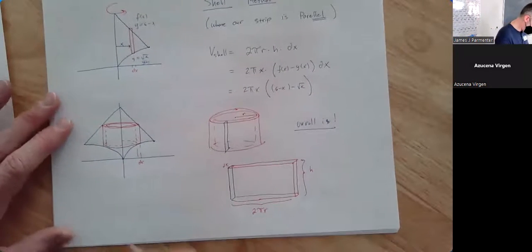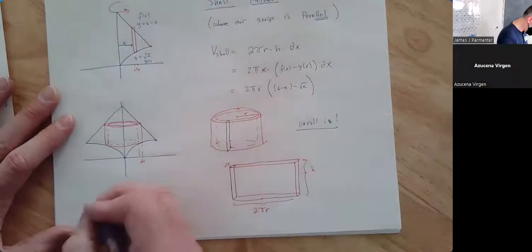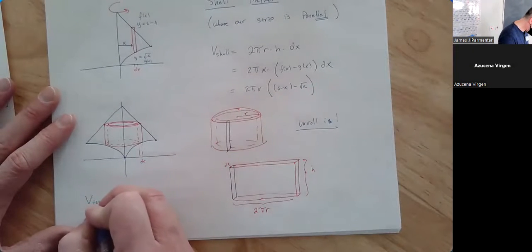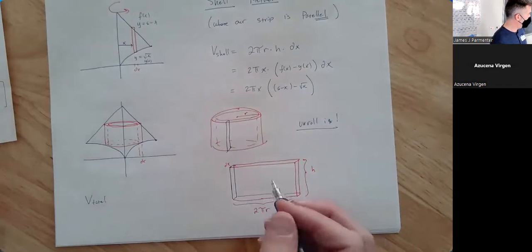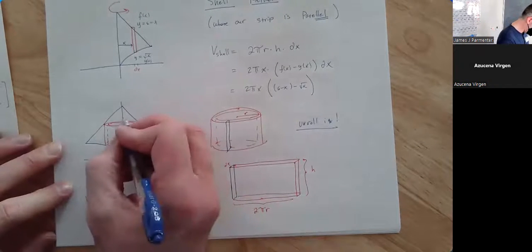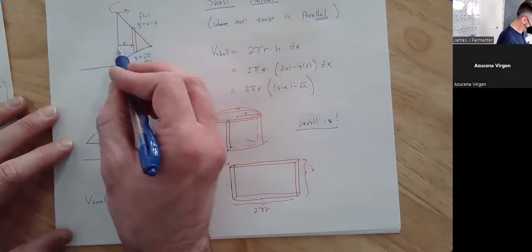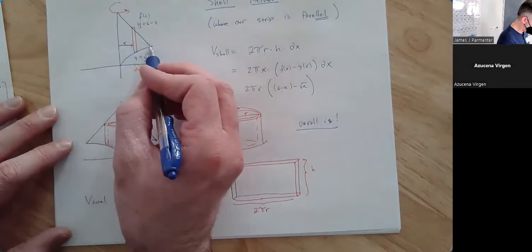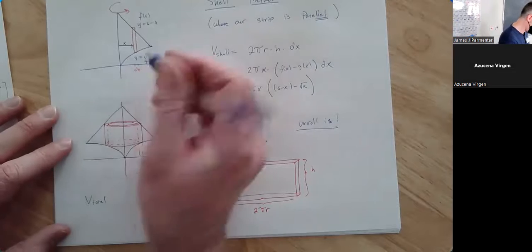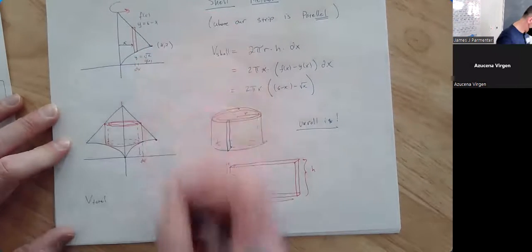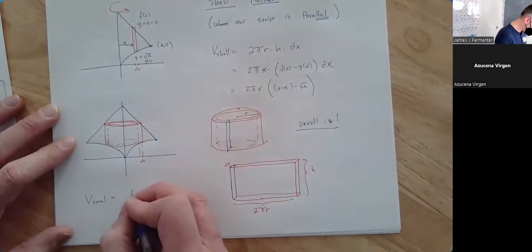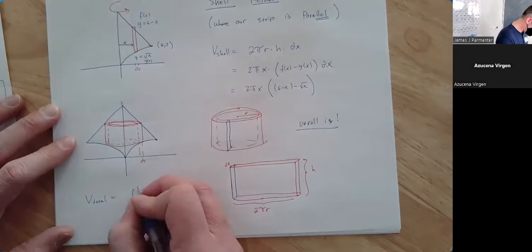And so the total volume is just going to be, we're going to add up all the shells. So we have some really skinny shells and some fatter shells. Our radius, our x, is going to go from 0 all the way out to whatever the x value is here, which was 4. So our total volume is going to be the integral from 0 to 4.